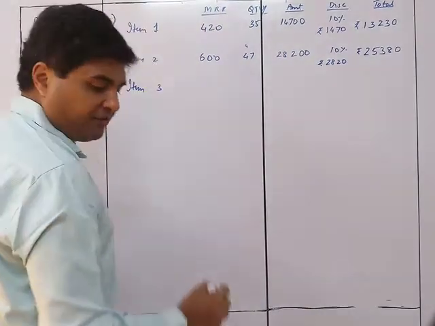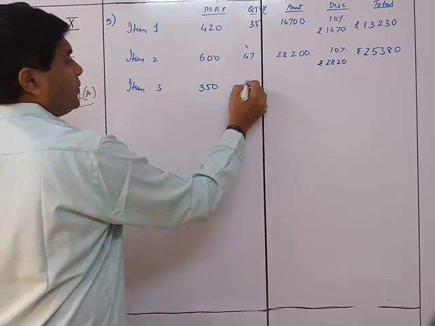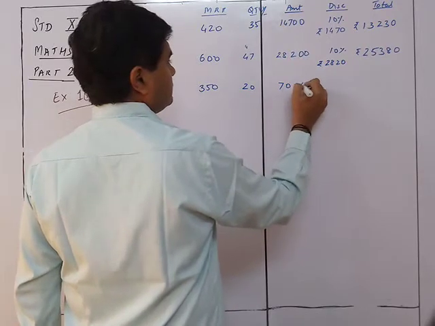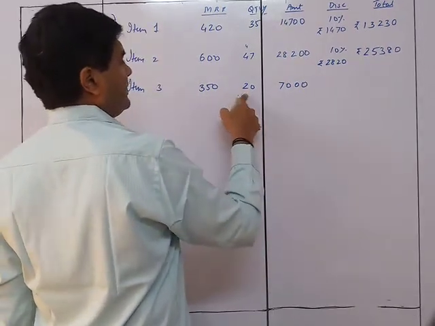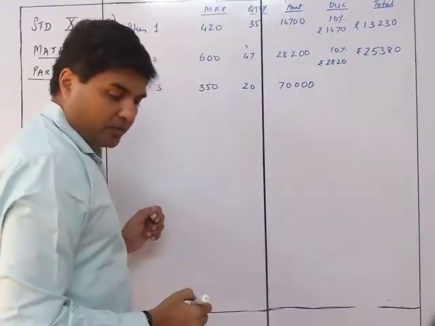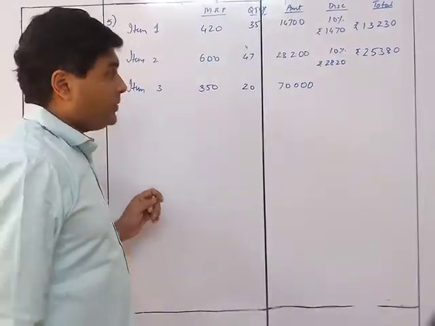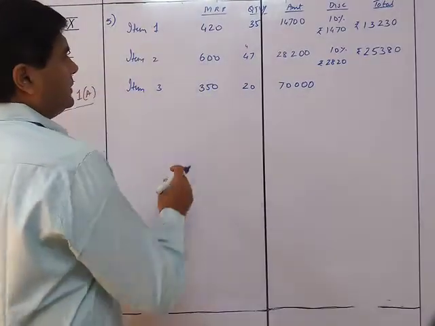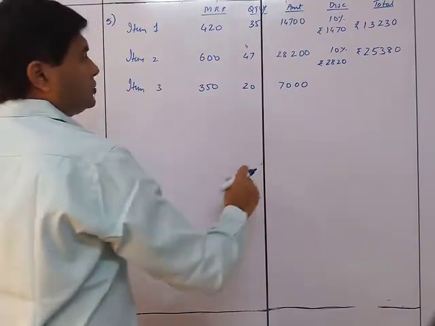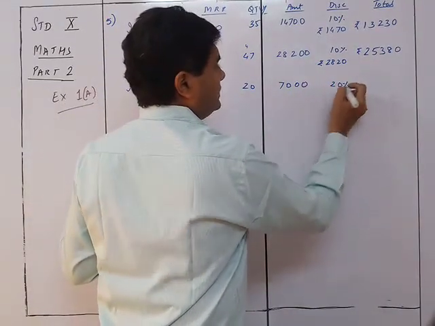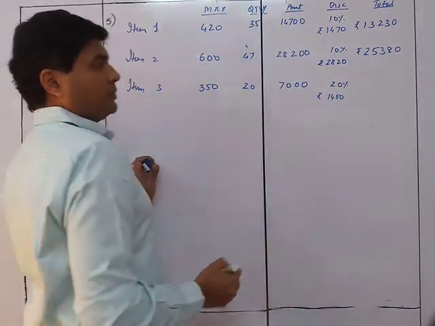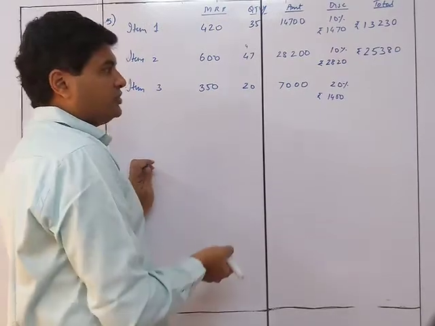Item 3 is 350 rupees. There are 20 articles, so that is going to be 7,000. You are getting a discount over here of 20%. So that is going to be rupees 1400.